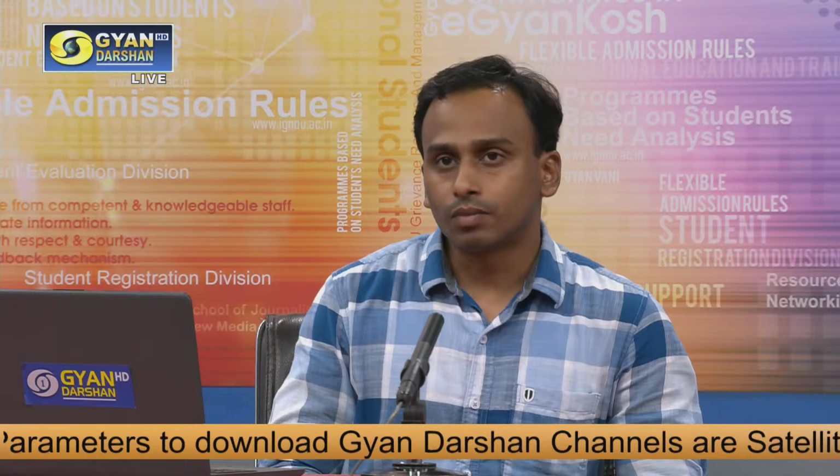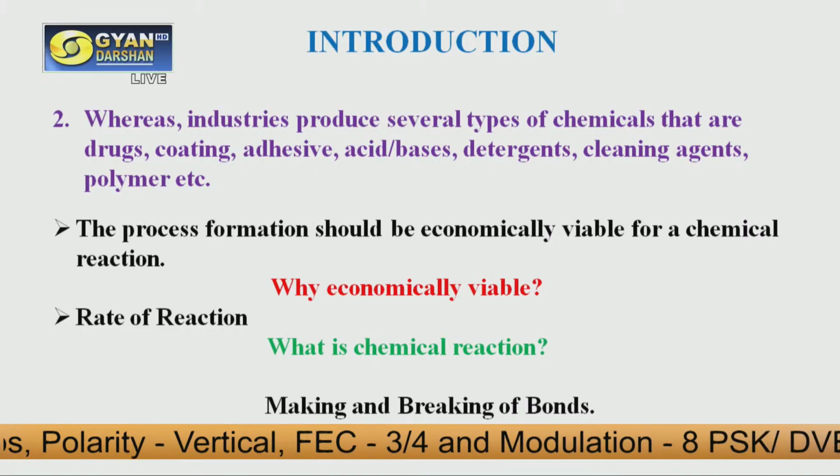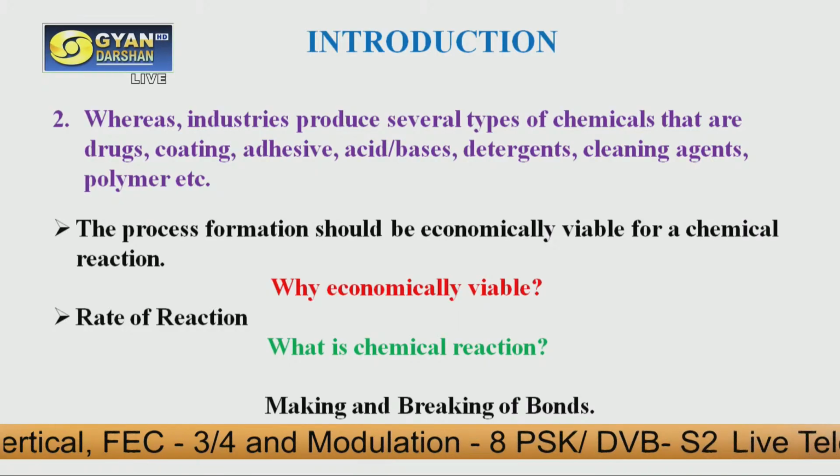First, what is a chemical reaction? Industry has its own chemical reactions, and biochemical reactions in the body and in nature have their own set of parameters. So again the question comes, what is a chemical reaction? A chemical reaction is when a reactant is there, and it gives a product.